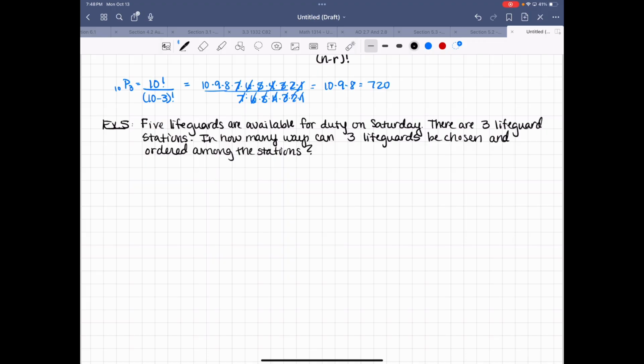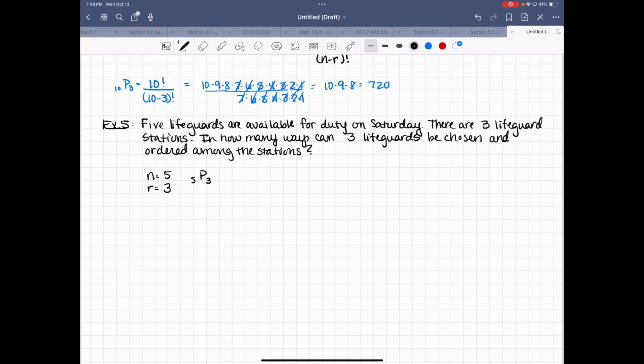So, how many is your total set? How many total lifeguards do you have? 5. And how many are you choosing? 3. Yep. So, calculator-wise, this is just 5P3.